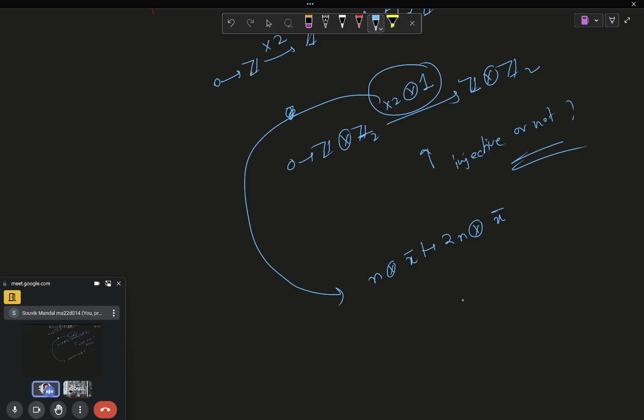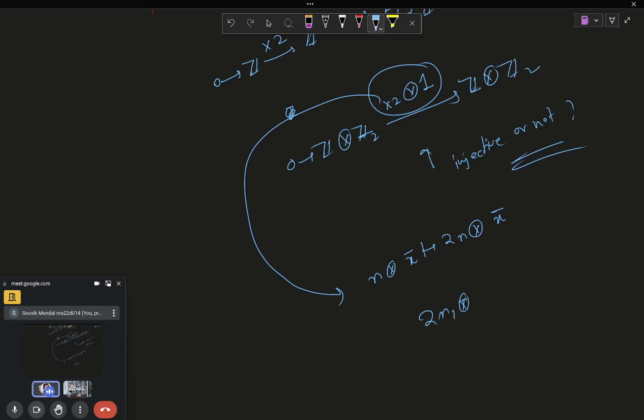Repeat again. I take two elements in the form 2 tensor x1 bar and 2 tensor x2 bar, and equate them. How will you equate? I mean, you are checking the injectivity, right?